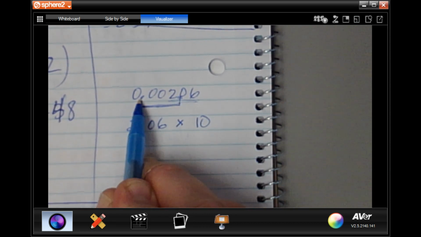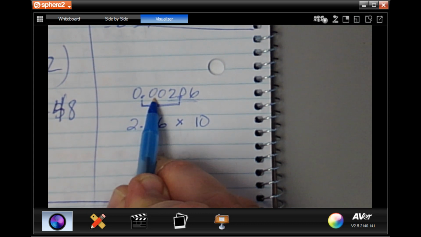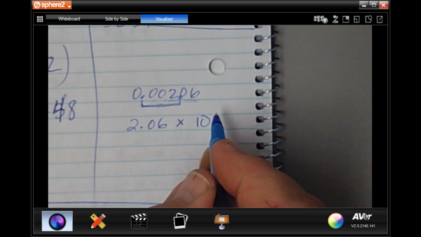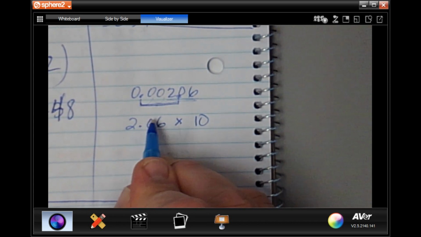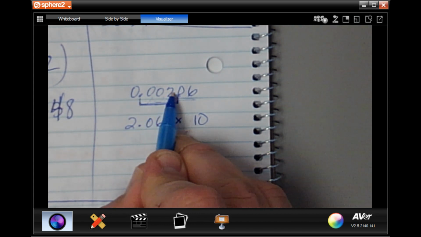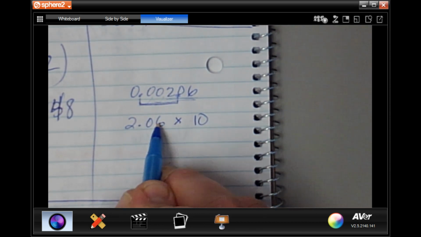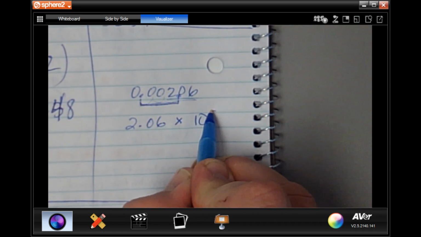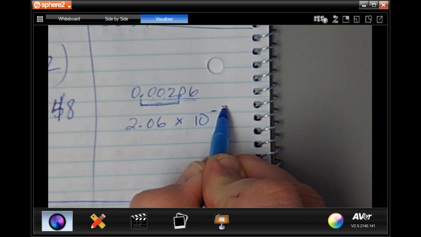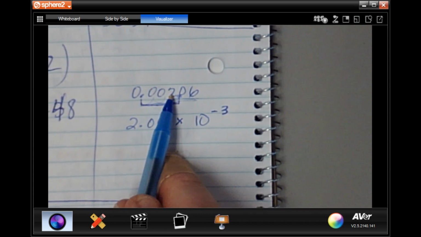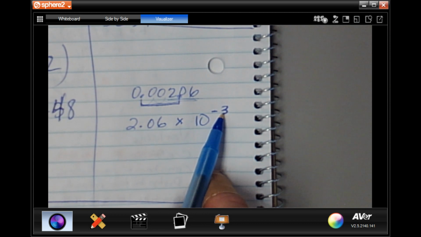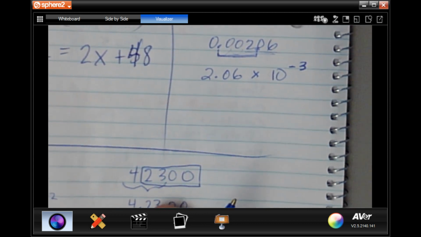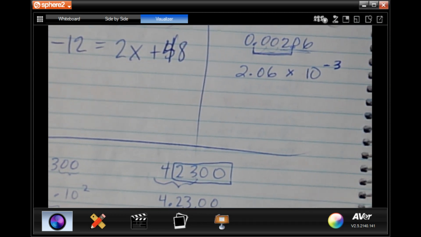We're moving the decimal, in this case, 3 places. So 1, 2, 3 places to the right, making this number bigger. So we have to make this number smaller. So we want to multiply this by negative exponents. Anytime you see a number that's less than 1, we have negative exponents. Anytime you see a number that's greater than 1, we have positive powers of 10.